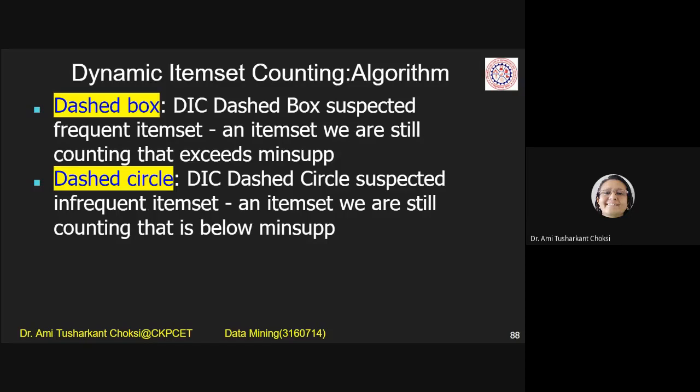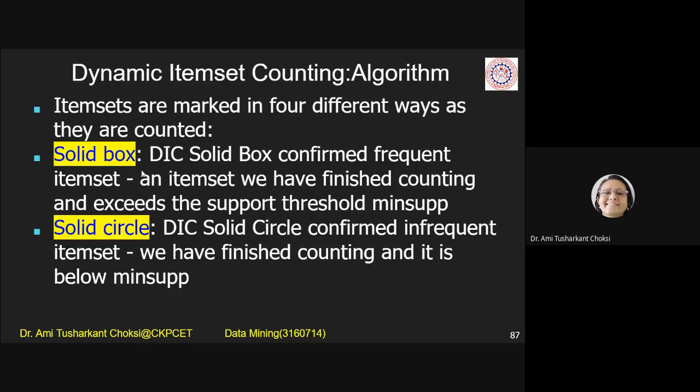One thing you should understand is box means frequent and circle means infrequent. Solid means confirmed, so solid box means confirmed frequent, and solid circle means confirmed infrequent.